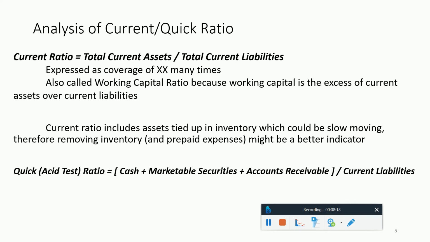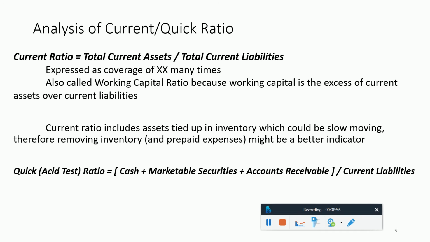And so what you'll notice is in the quick or acid test ratio, you leave out both inventory and prepaid assets. Because the purpose of the quick or the acid test ratio is to determine how well a company's assets can cover its liabilities, prepaid assets are assets in which cash has already been paid out in exchange for a future service or supplies on hand or a lease, or there's a variety of different options that a prepaid asset can represent.